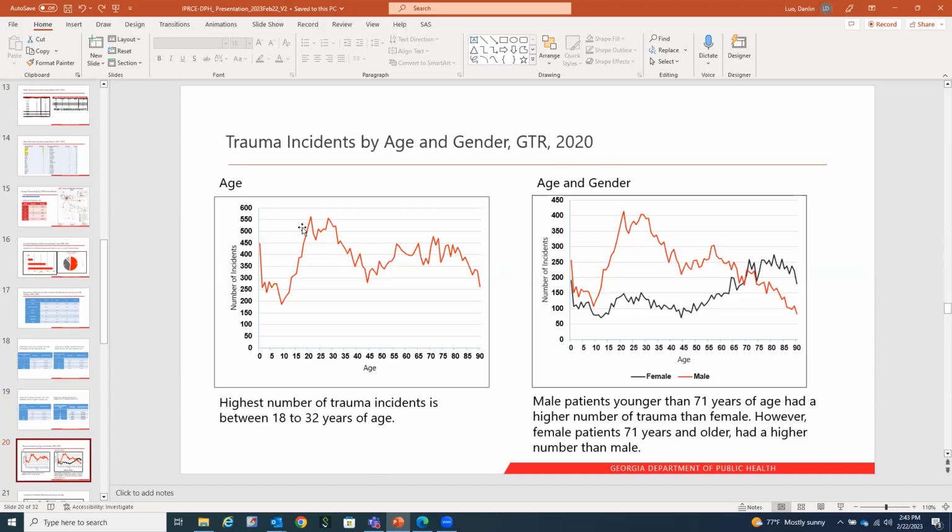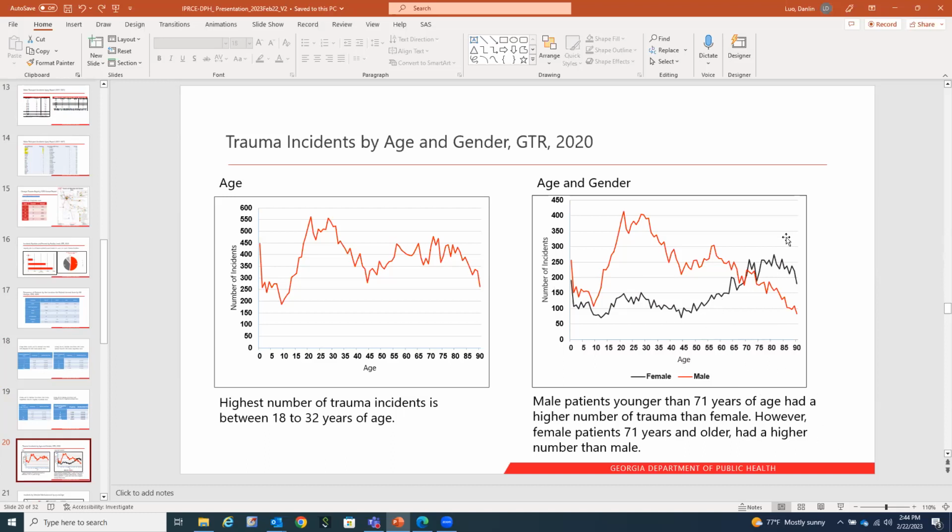This figure shows the trauma incidents by age. We can look here, there is a peak, and the highest number of trauma incidents is between 18 and 32 years of age. The right figure is the incidence by age and gender. The red is male and the black is female.